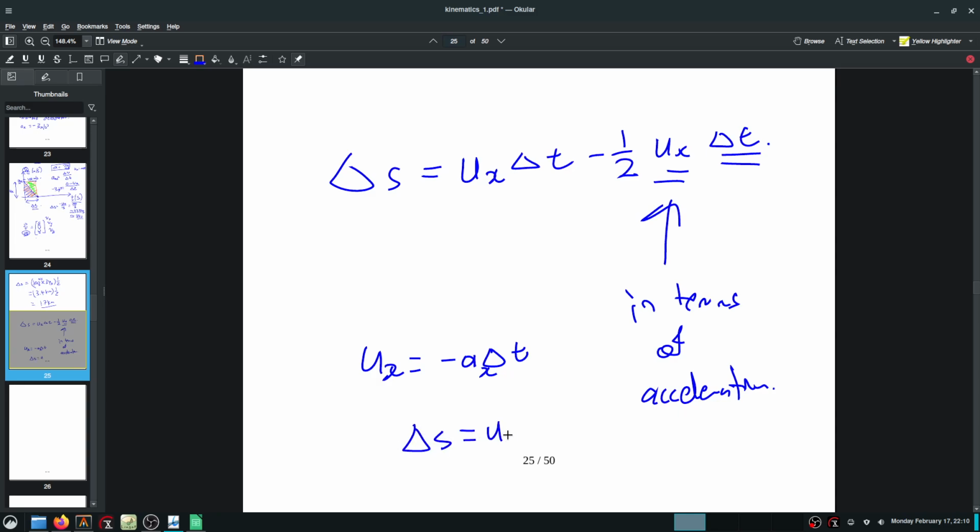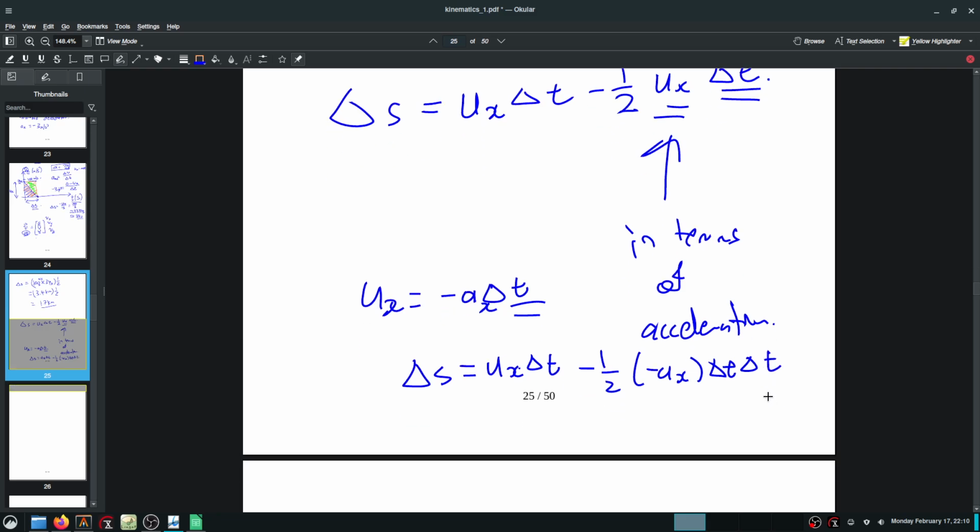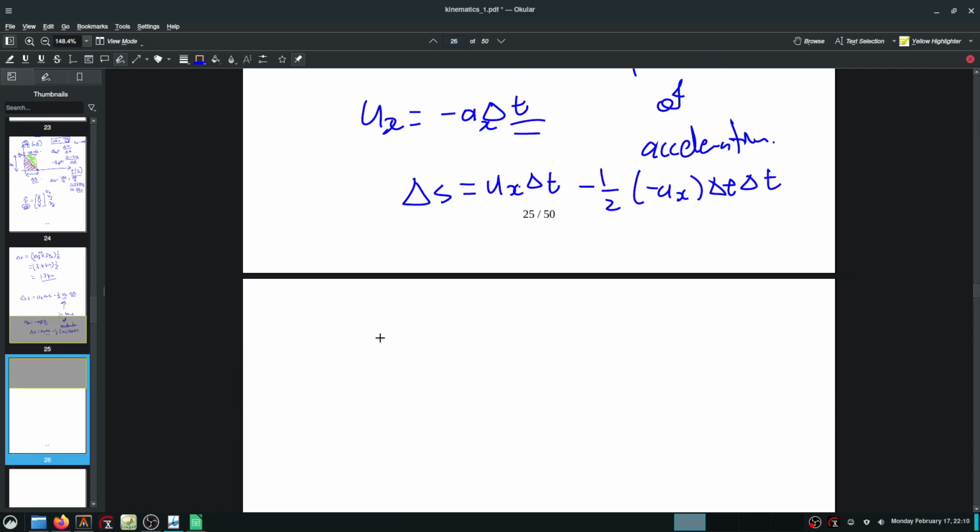Delta s equals ux delta t, and this is the initial velocity, yeah? So minus half minus ax delta t, delta t and then delta t again. So what do we get?